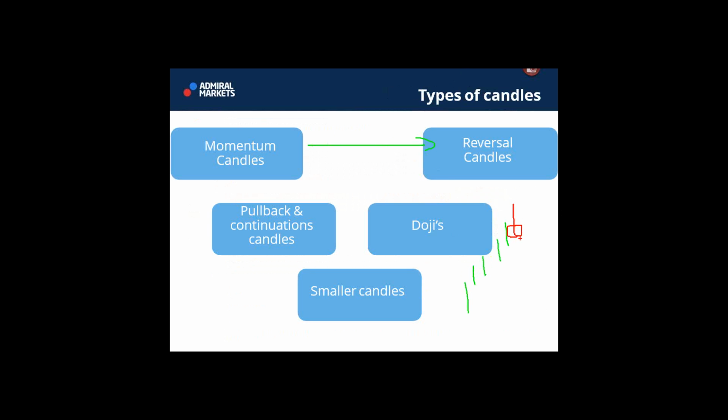Well, sometimes a doji does, of course, if a doji occurs at a moment where we have a long uptrend and we see a doji, that could be a pause. It could mean that price might retrace after that. All right, but typically less information. Smaller candles also could typically be corrective. Corrections can last long. Less information there. And then we have pullback and continuation candles.